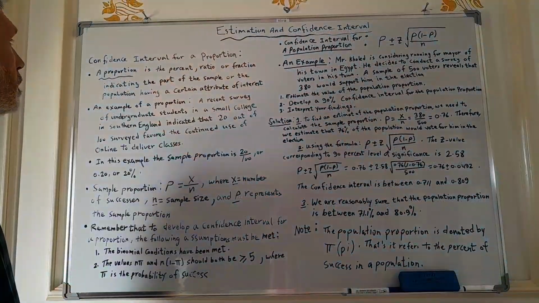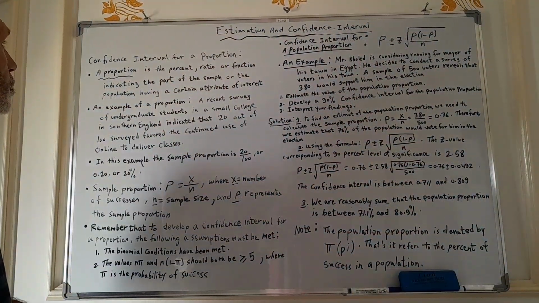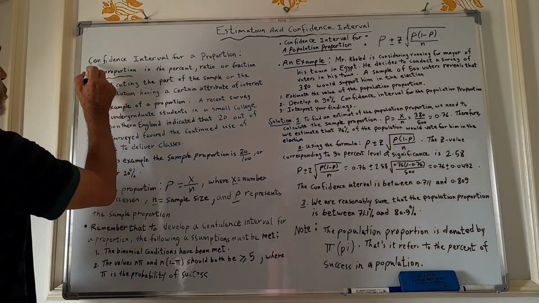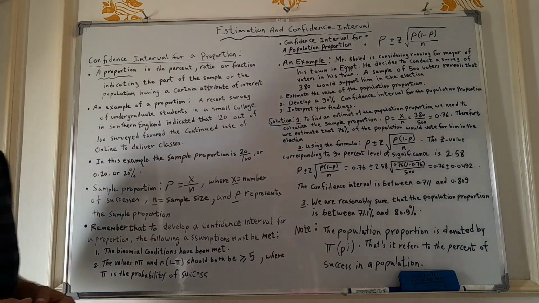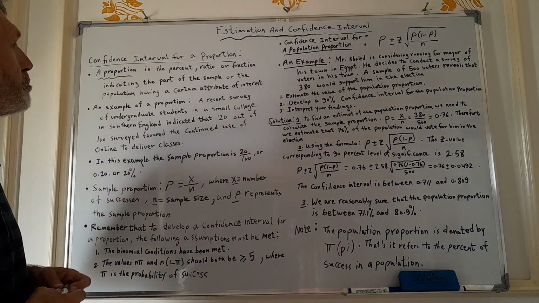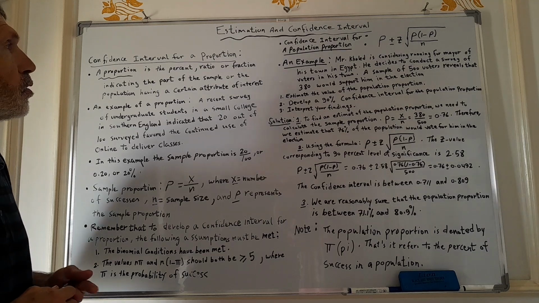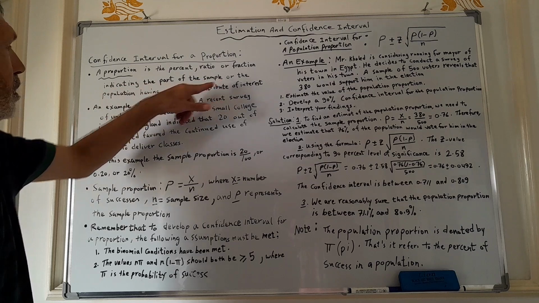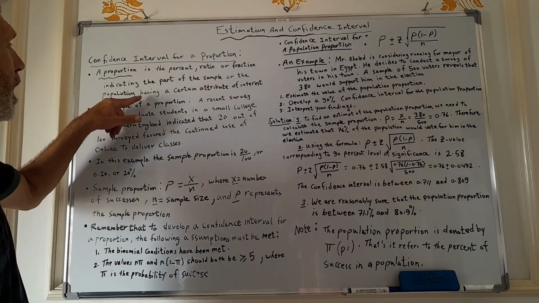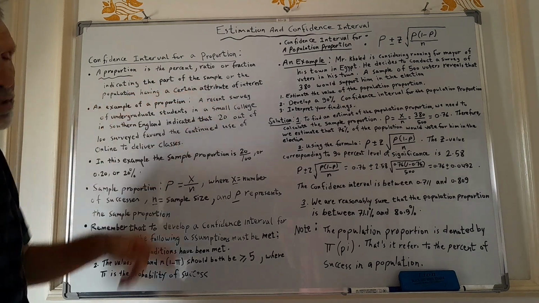Okay, now we talk about the confidence interval for a proportion. What is a proportion? Of course, a proportion is the percent, ratio, or fraction indicating the part of the sample or the population having a certain attribute of interest.